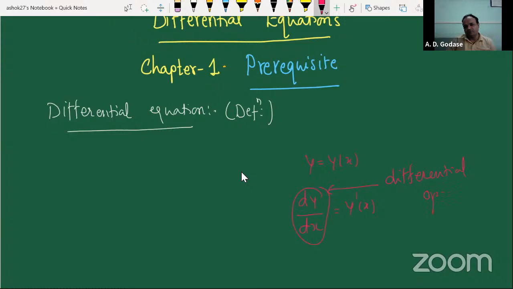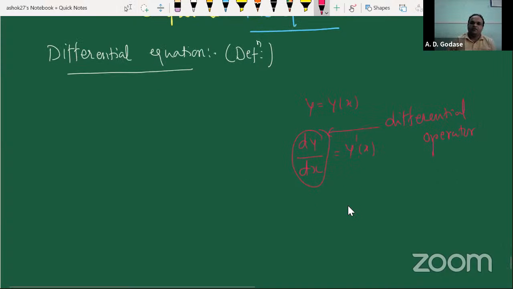So what is a differential equation? Before that, what is an equation? You have already seen linear equations with two variables, solutions of linear equations with two, three, four variables. You have seen different methods also.